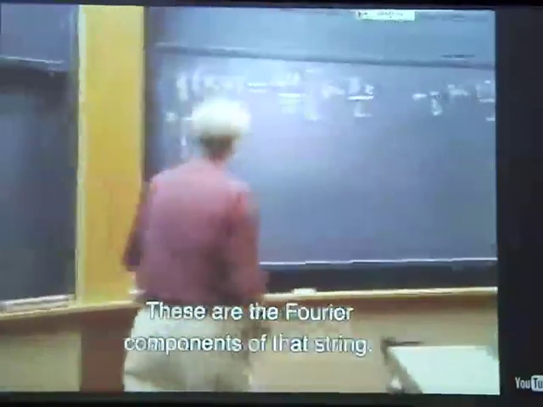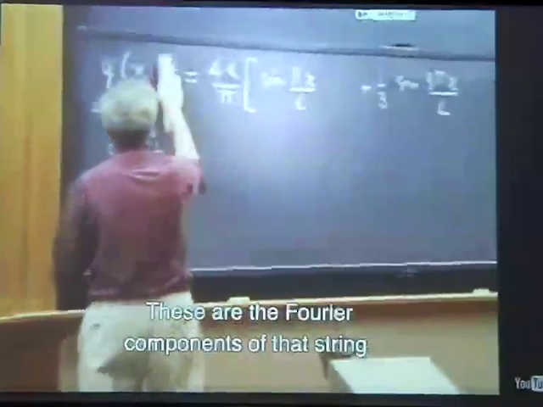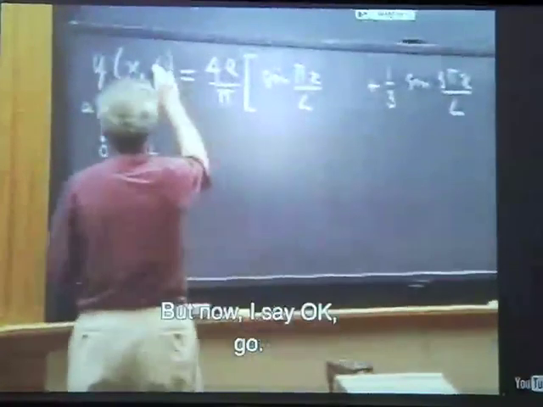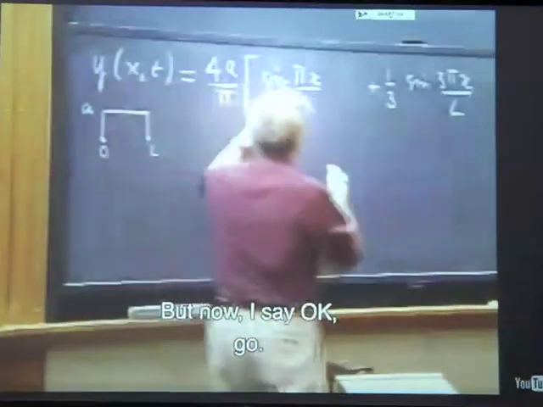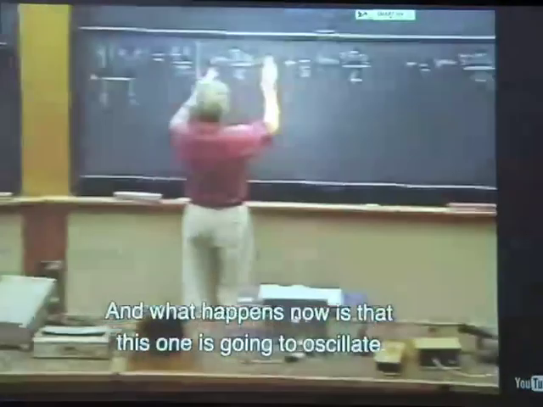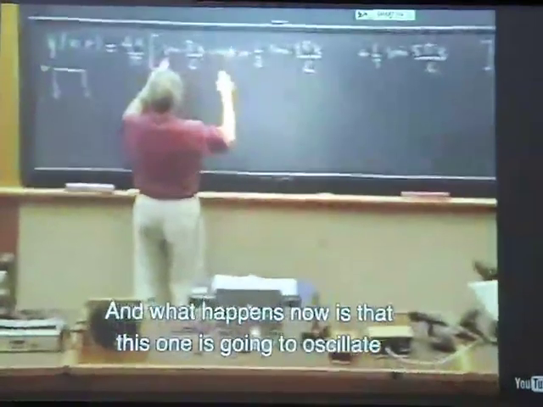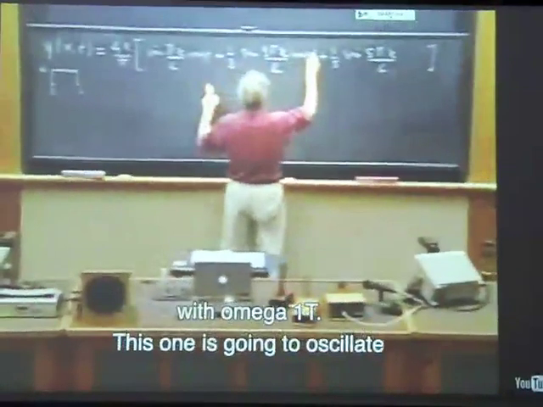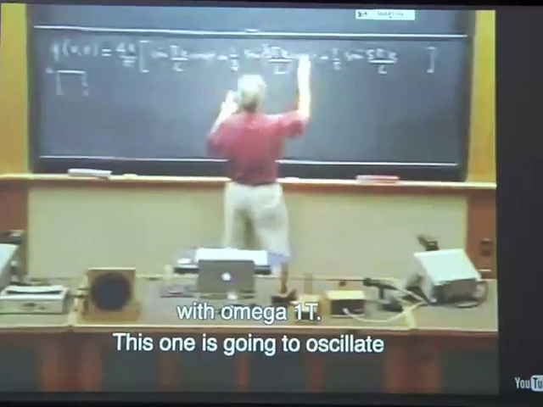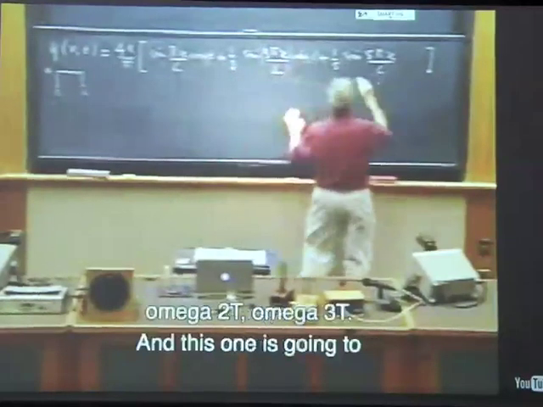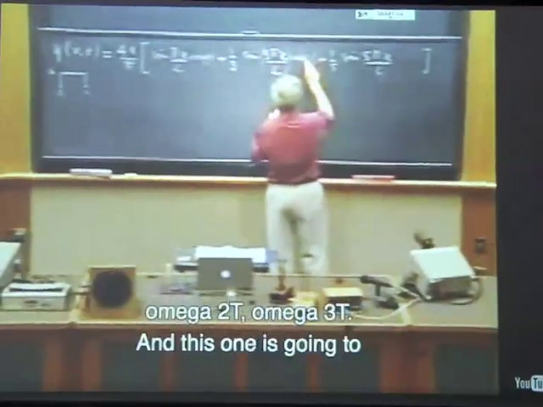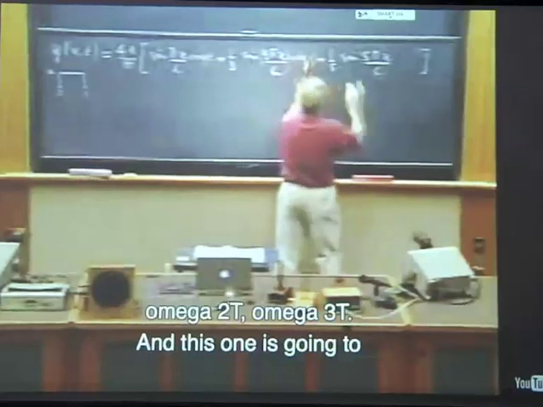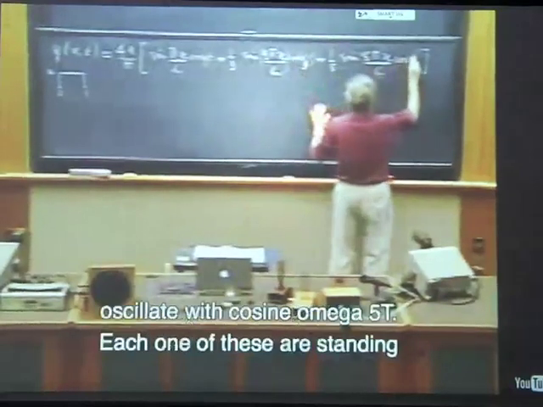But now I say, okay, go. And what happens now is that this one is going to oscillate with omega 1t, and this one is going to oscillate with omega 2t, and this one, omega 3t, and this one is going to oscillate with cosine omega 5t.